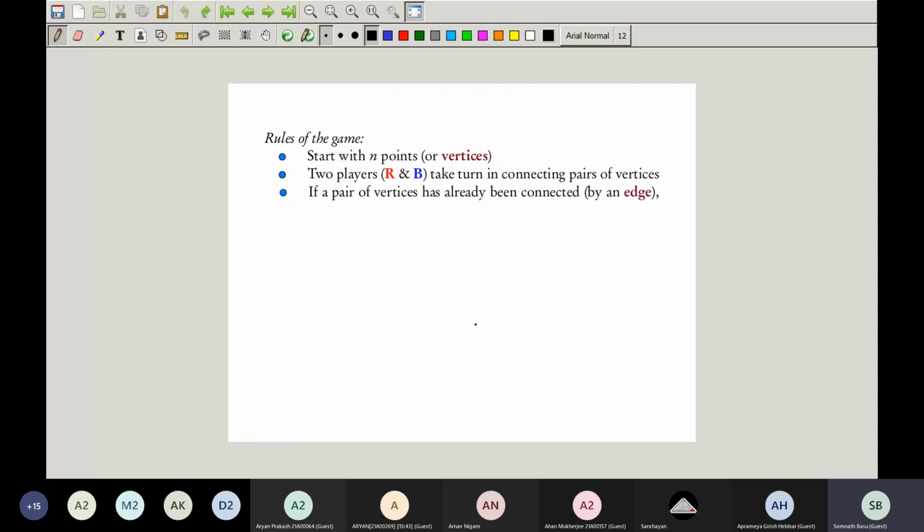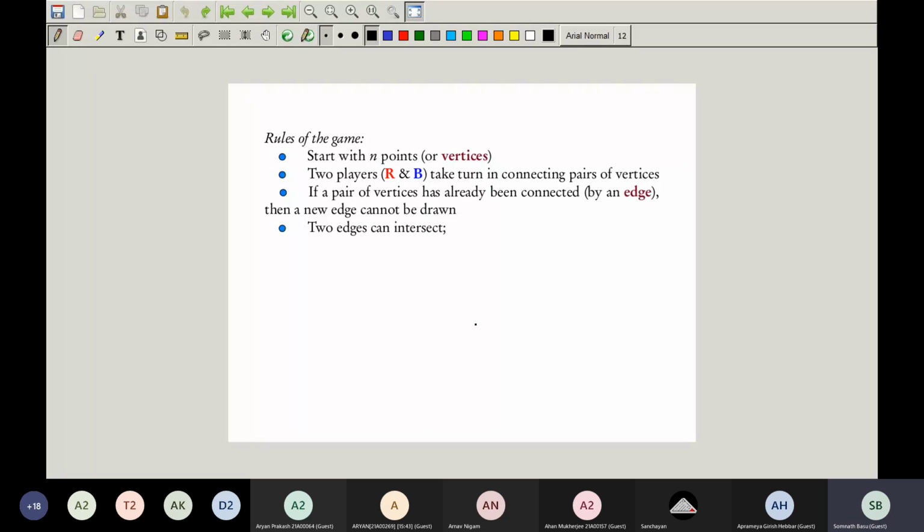The crucial thing is, if a pair of vertices has already been connected by a segment, which we'll call an edge from now on, of any color, you cannot draw another edge joining the same two vertices. So if a path is there between two vertices, you cannot draw another path joining the same two vertices. That's one constraint of the rule.